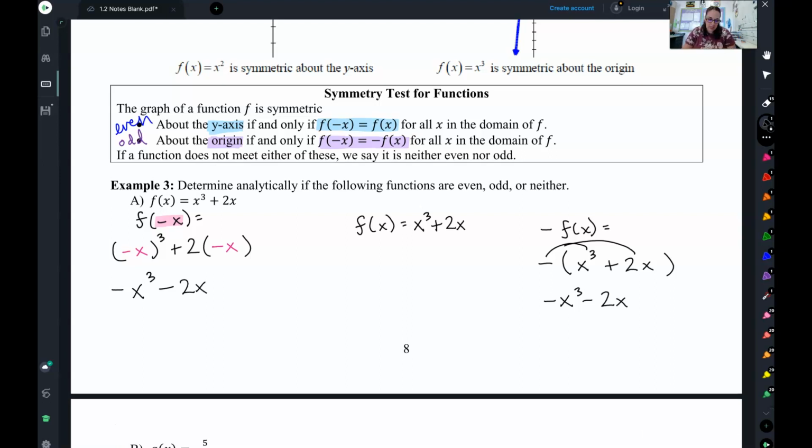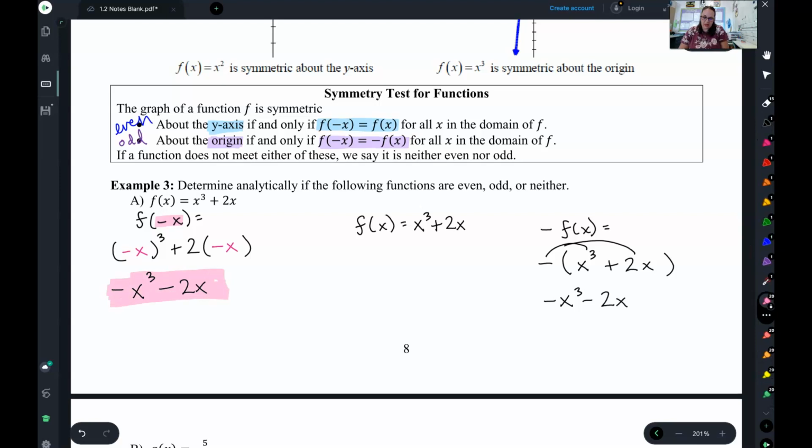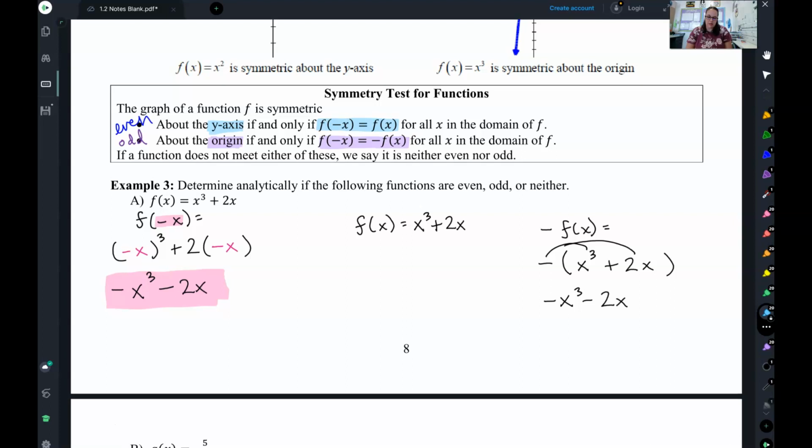Now here's the key. You are going to take this f of negative x answer and compare it to the two answers over here to see if it's the same. Now, we notice it is not the same as that. Hey, look at that. It is the same as that one.